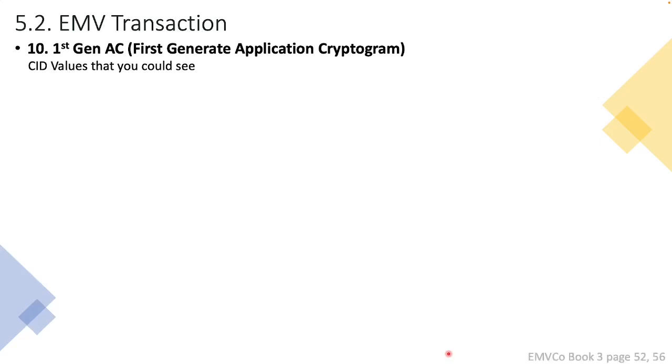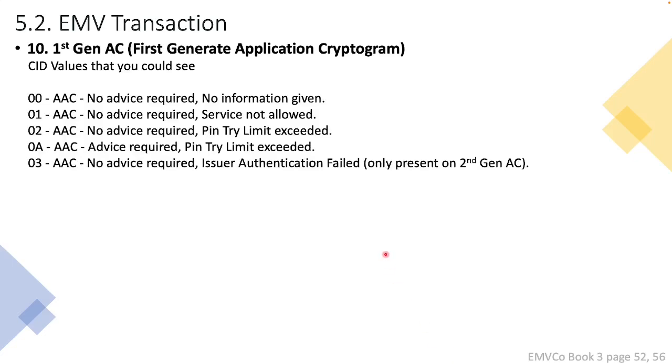Right, I know I'm speaking a lot, so let's slow down a little bit and look at exactly what I'm talking about. If you see a 9F2701 value, which is then followed by a 00, it means it's a straightforward decline. No advice needs to be generated back to the host system, and there's no real information given as to why you want to decline here.